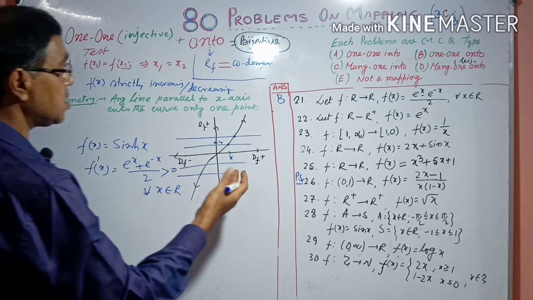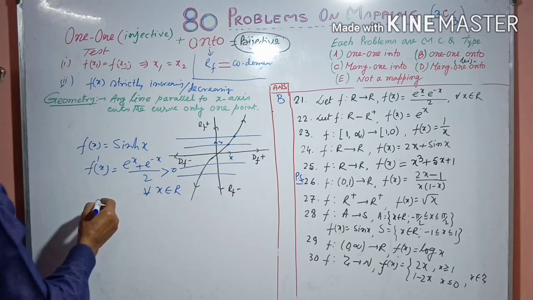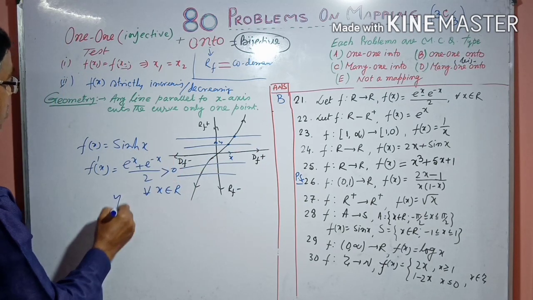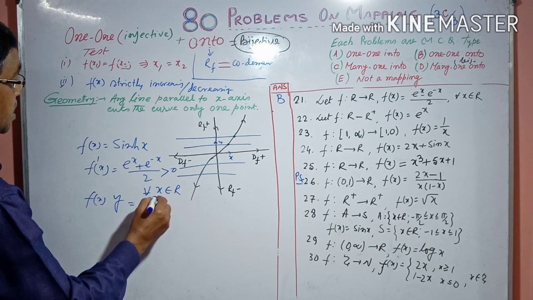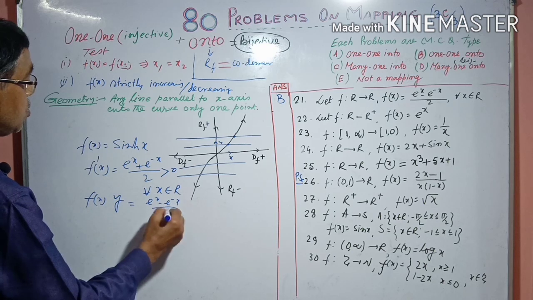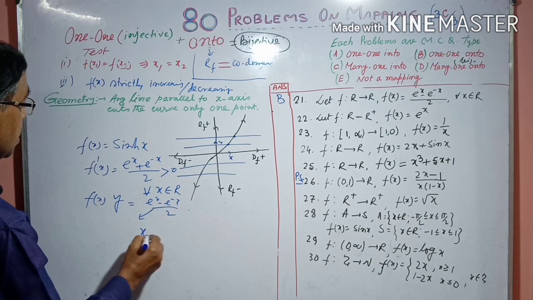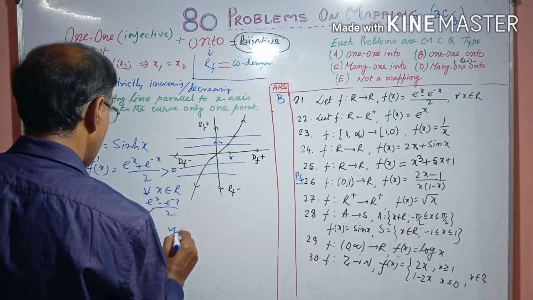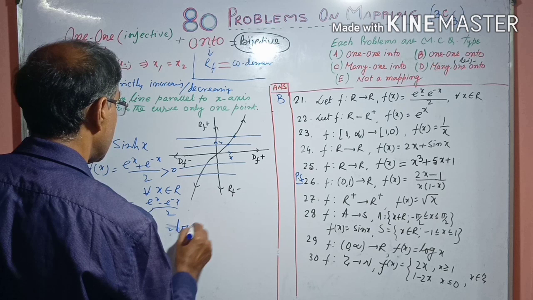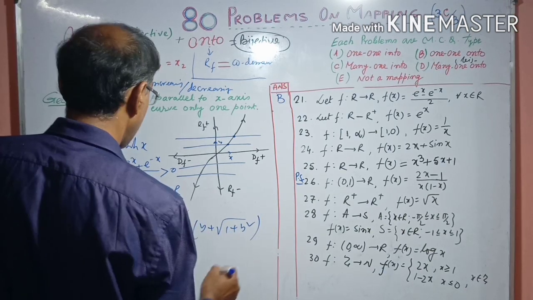For the onto case, you can easily form the graph, or otherwise use the long method: let f(x) equals y equals (e to the power x minus e to the power minus x) by 2. From this we can get the result x equals log of (y plus root over 1 plus y square).